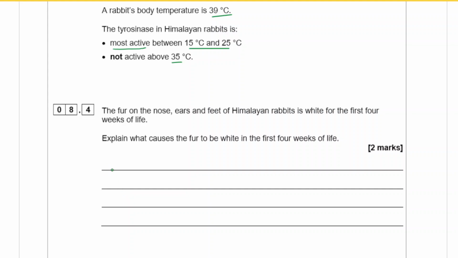That's mainly because they're in the nest. The temperature inside the nest is greater than 25 degrees.